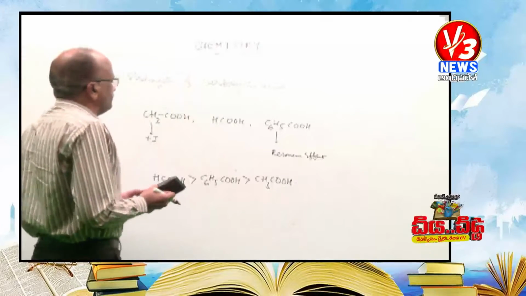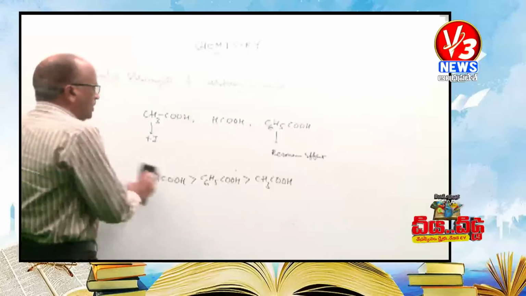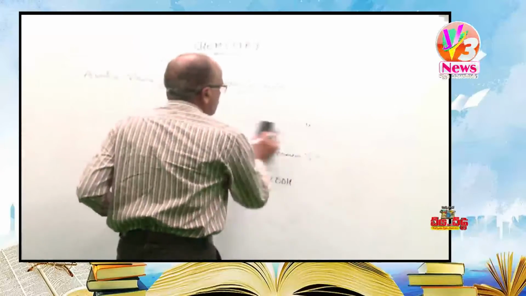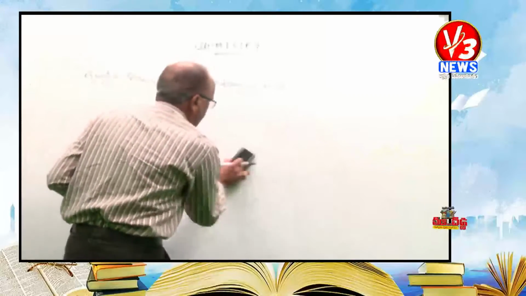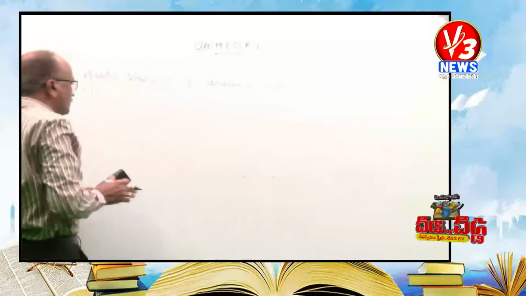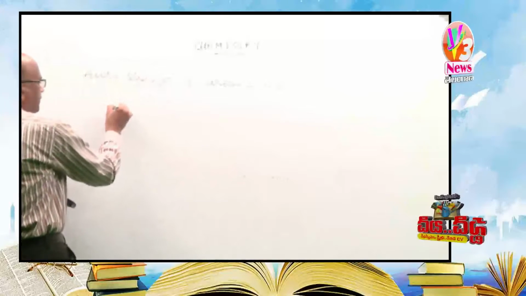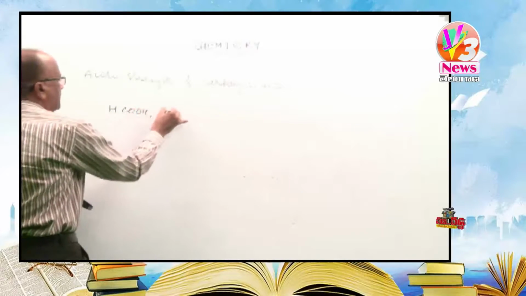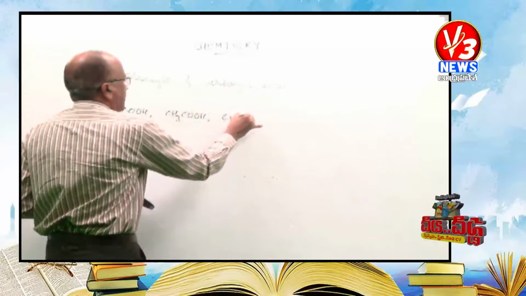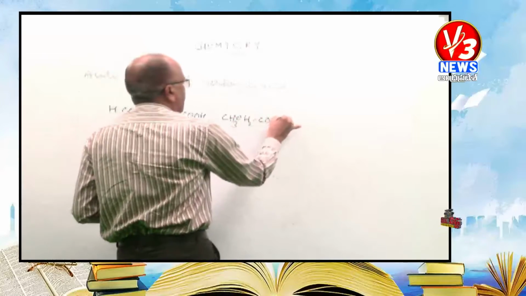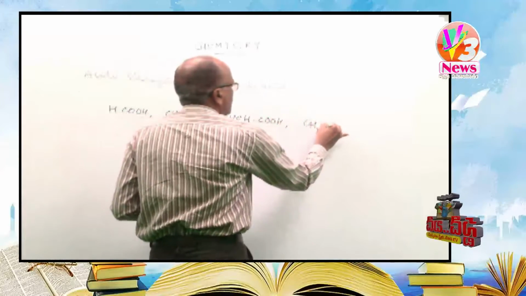Now we will take some more important examples by substituting different groups in carboxylic acids. For example, formic acid, acetic acid, propanoic acid and butyric acid.